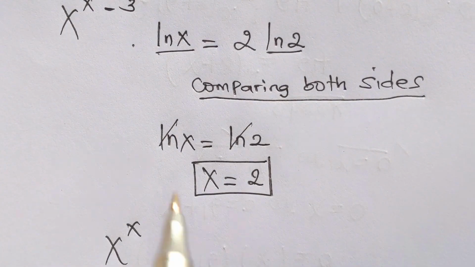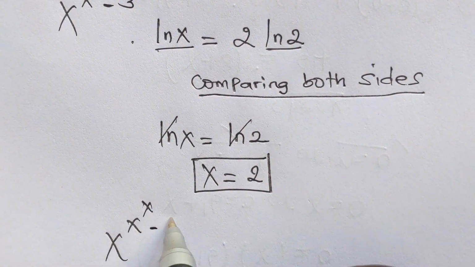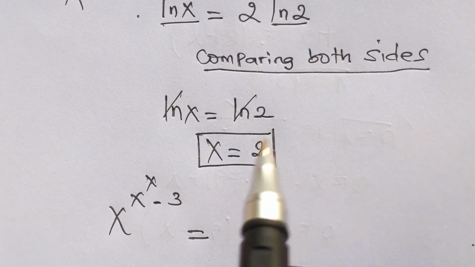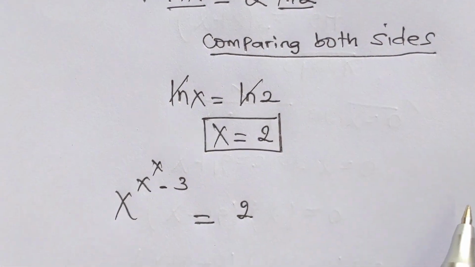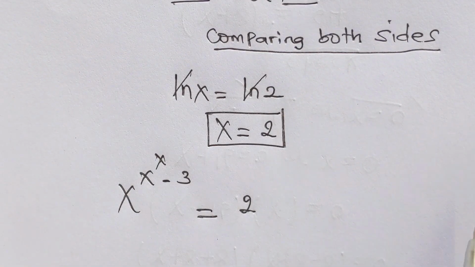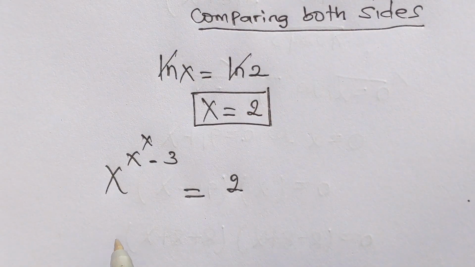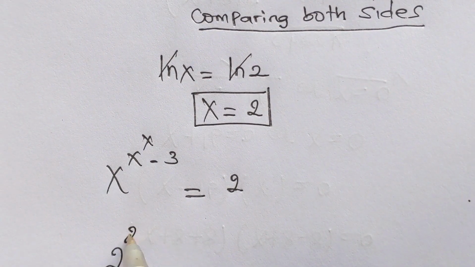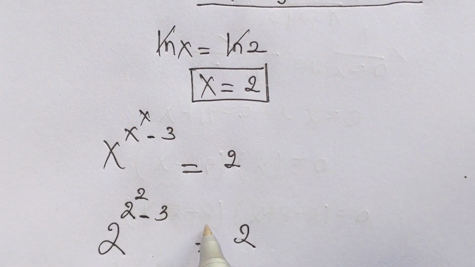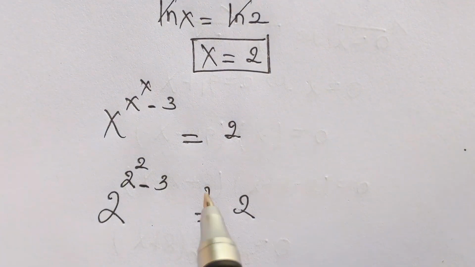x, okay, power x minus 3, and equal to what? And equal to 2. What should we get? We are going to replace 2 in above equation we have right here to get 2 power 2 minus 3 should be equals to 2, question mark.